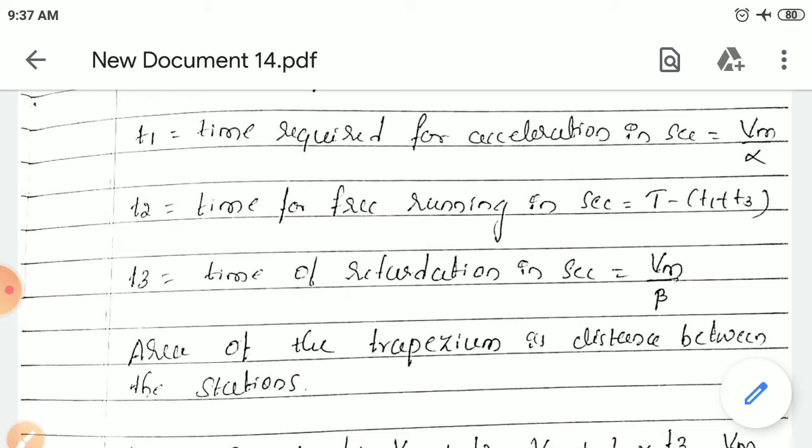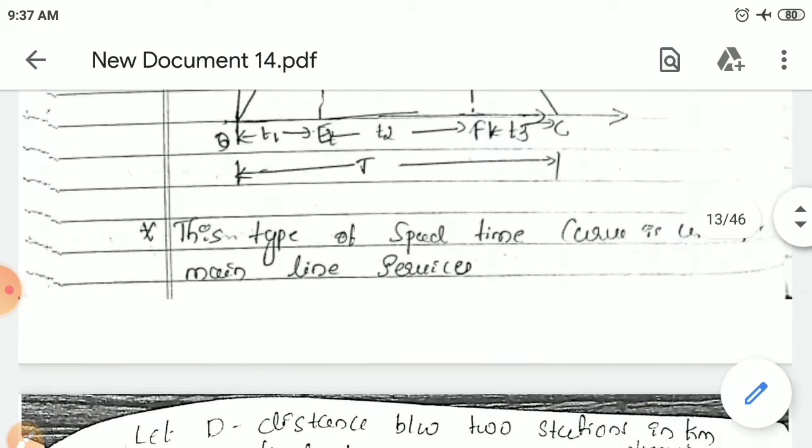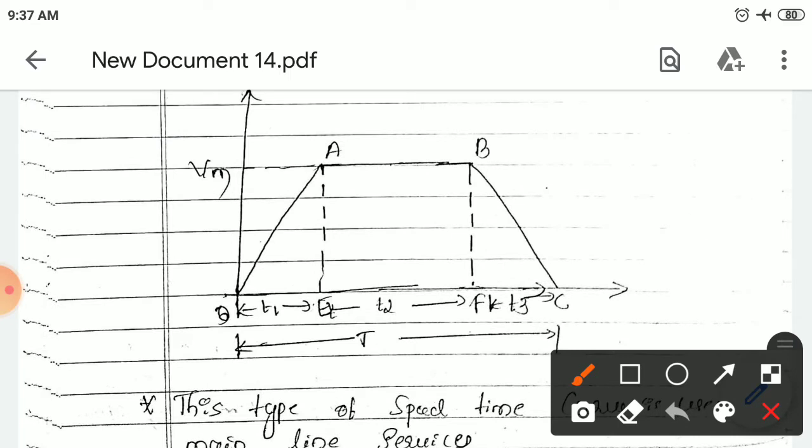The area of this trapezium is the distance between the two stations. If you want to calculate the distance between this station and this station, you have to find the area of this trapezium. For simplification, we divide it into a triangle, a rectangle and another triangle.